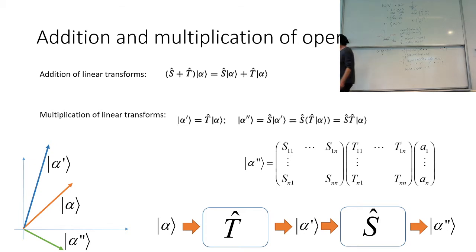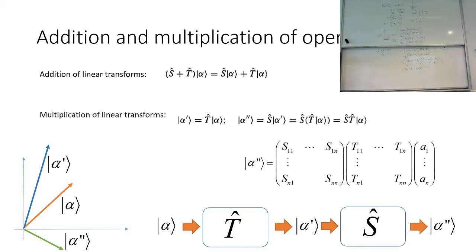But if we are consecutively applying matrices, say you've got this original vector alpha, and firstly you apply T to it, and you get alpha dash. Then you apply S to it after T, and the final result is alpha double prime.